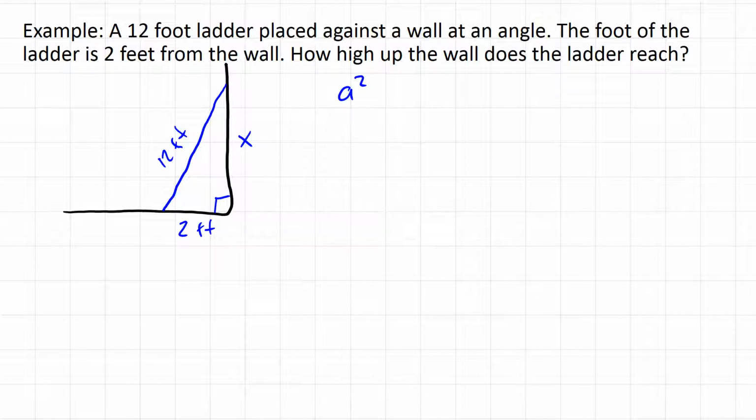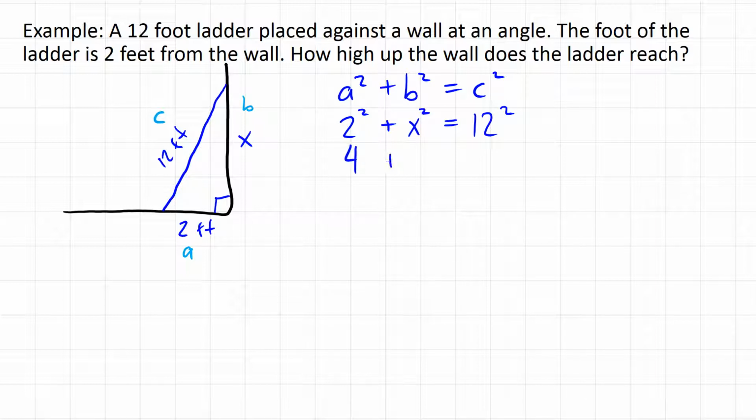So a squared plus b squared equals c squared means we're going to have to decide what a, b, and c are. Well, c is going to be the long side, that's the ladder. A, I'll make this short 2 feet, and b, I'll let be that missing x length. So we have a squared is 2 squared, plus b is x, so we just have x squared, and c is 12, which is 12 squared.